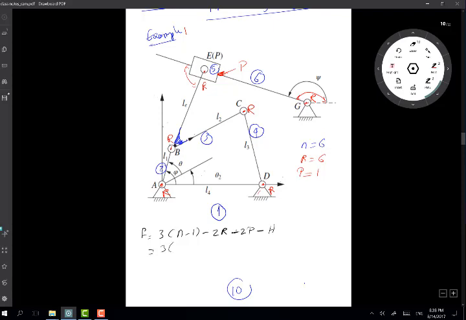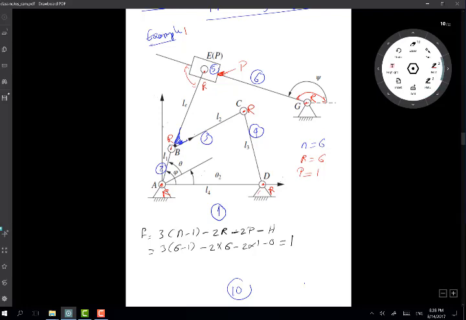Then we have 3 times (6 minus 1) minus 2 times 6 minus 2 times 1 minus 0, and this gives us 1. So that's a single degree of freedom linkage we are dealing with here. So one motor is needed to run it.